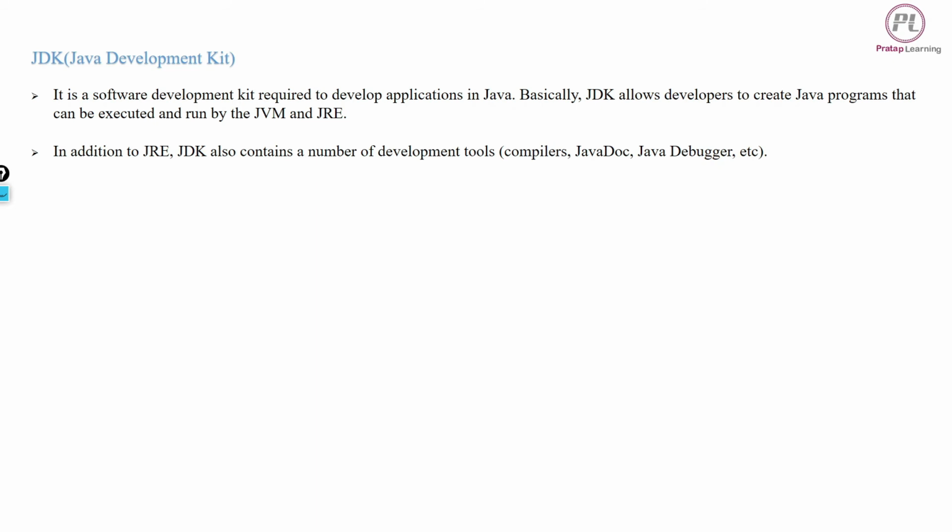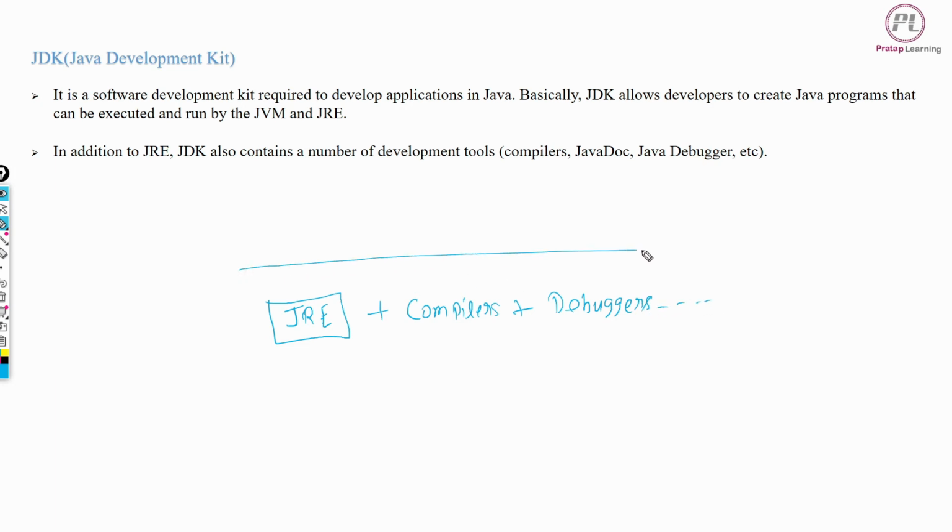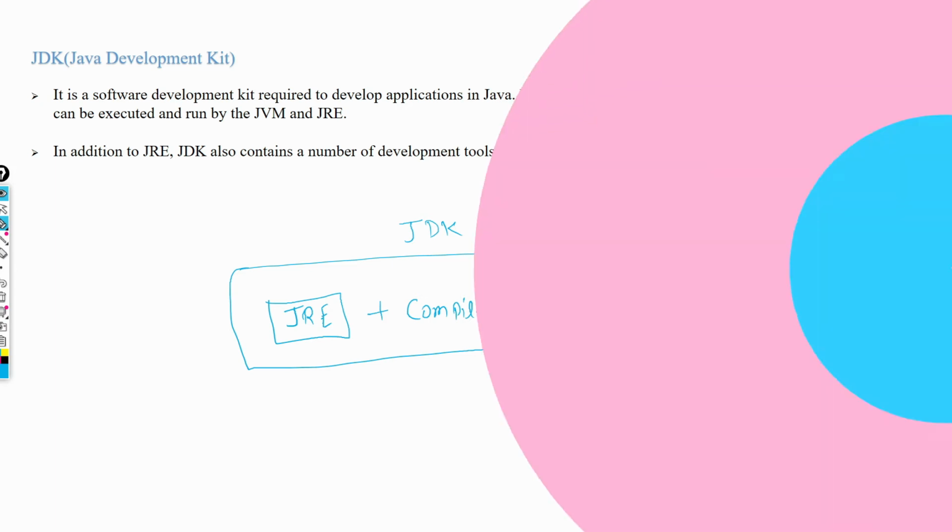We will see a basic diagram of JDK with JRE. Here we can see JDK contains JRE along with compiler, Javadoc, debugger, and many more. And all these supporting tools help developers to create a Java program. So now we will also see a complete diagram of JDK after some time.